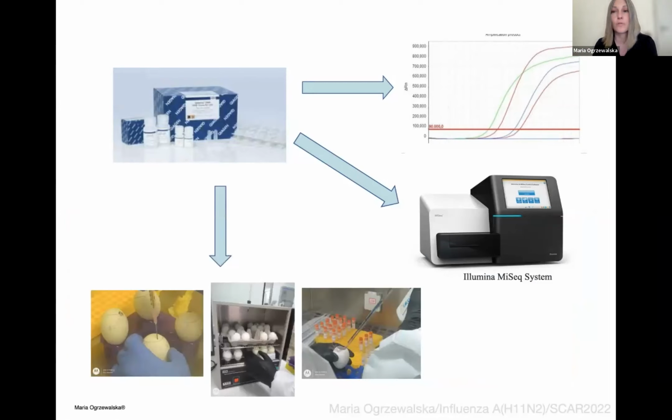We also tried to isolate these viruses in chicken eggs. This was actually not possible because, although we found some positive samples, probably the quantity of the virus was not enough and we did not succeed in isolation.